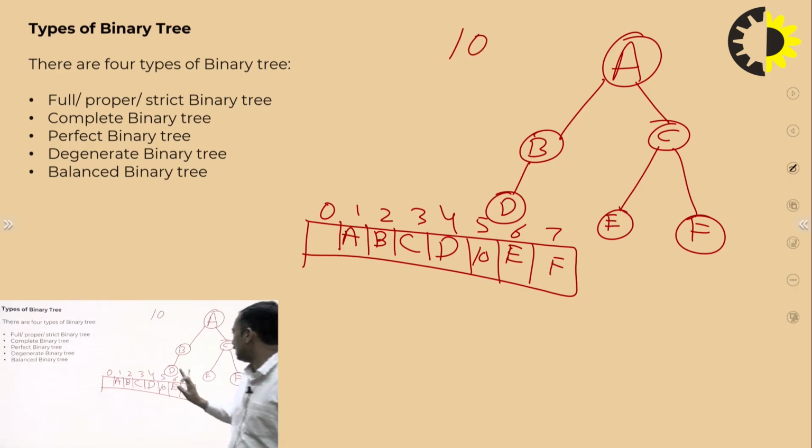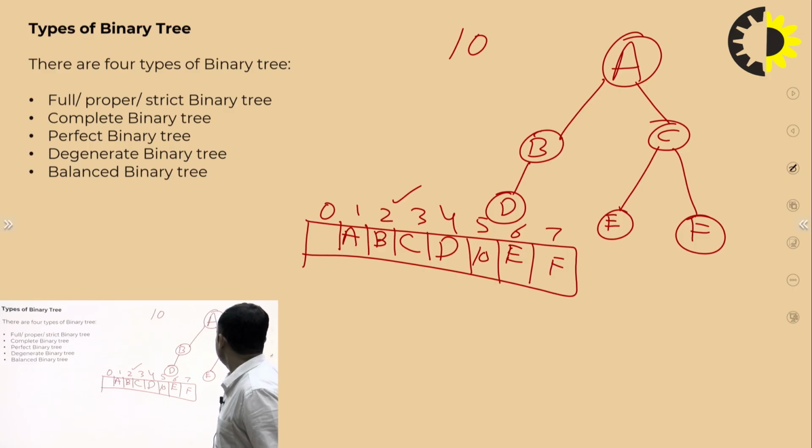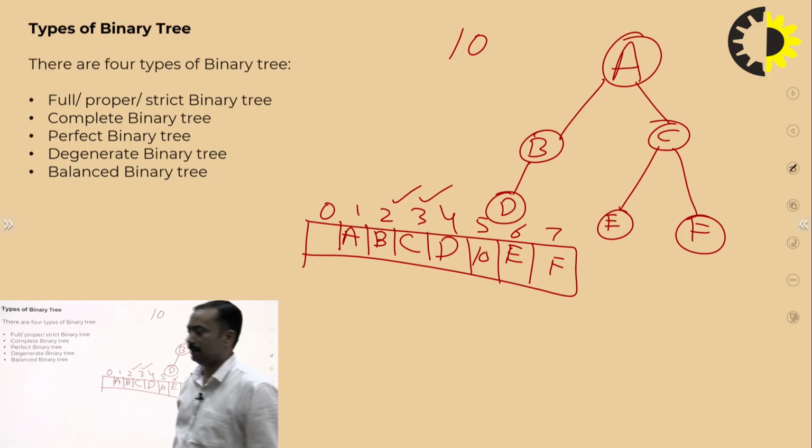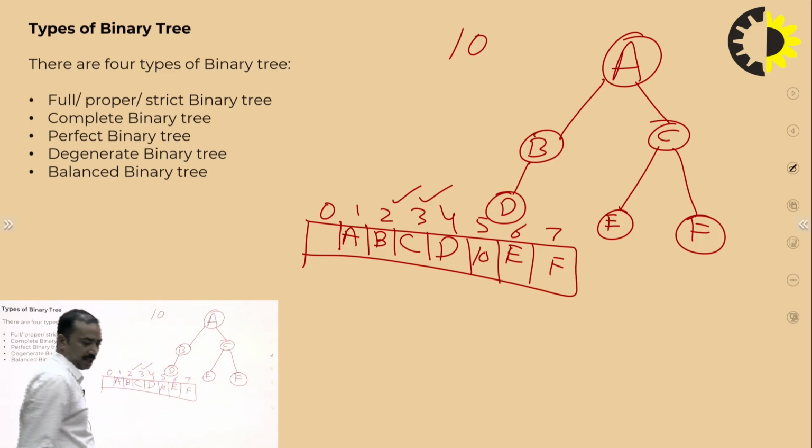Non-existing nodes are represented by /0, and the index of the left child of a node i is 2i. So A at position 1, 2i gives 2, and C is 3. So this is the representation of a binary tree in a one-dimensional array.